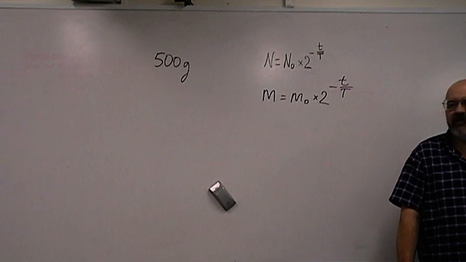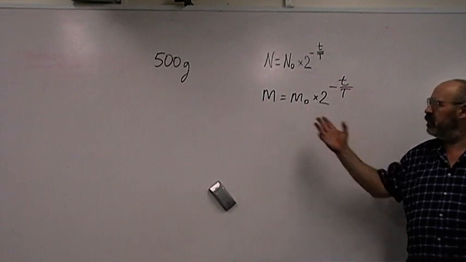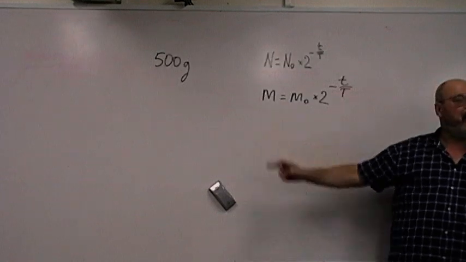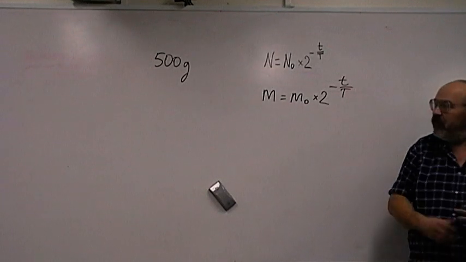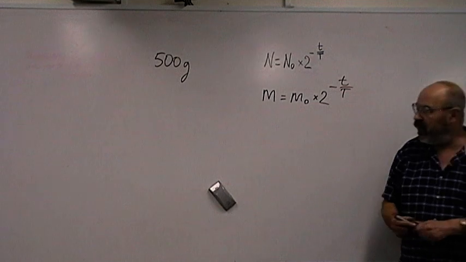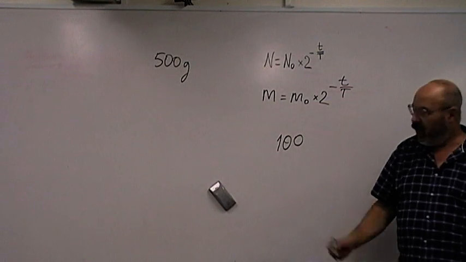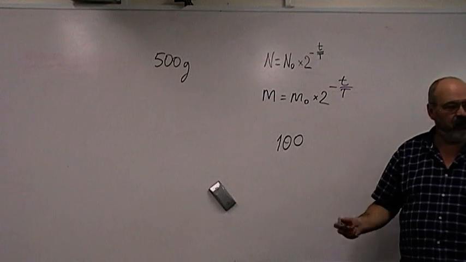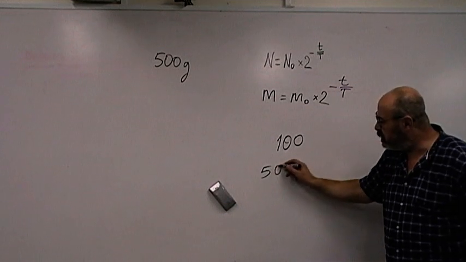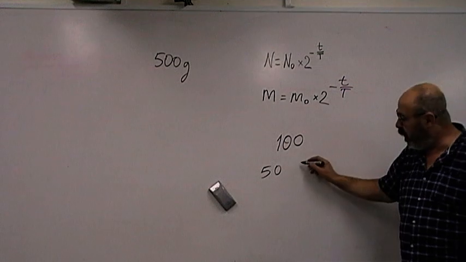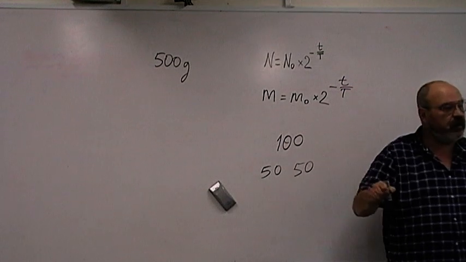Maybe if an alpha particle leaves there is a little bit of change, but this is now the mass of undecayed material. If you have 100 grams of material, after one half-life we will have 50 grams undecayed. But the other 50 grams will still be there, just decayed.